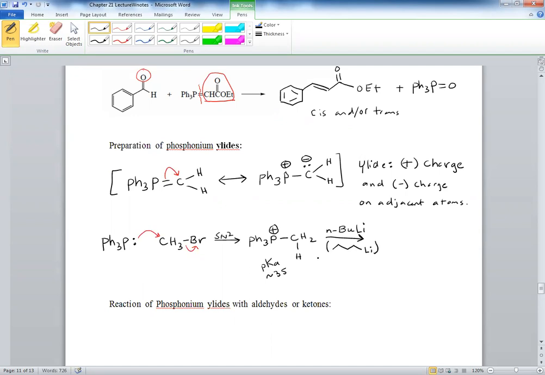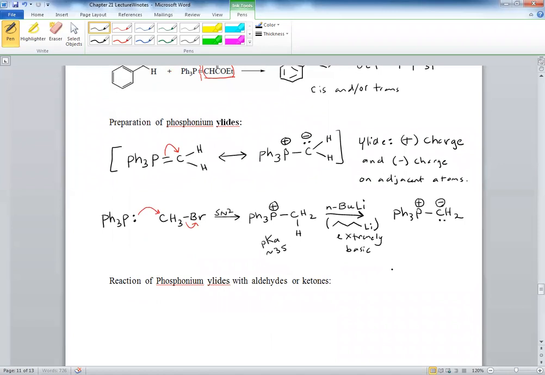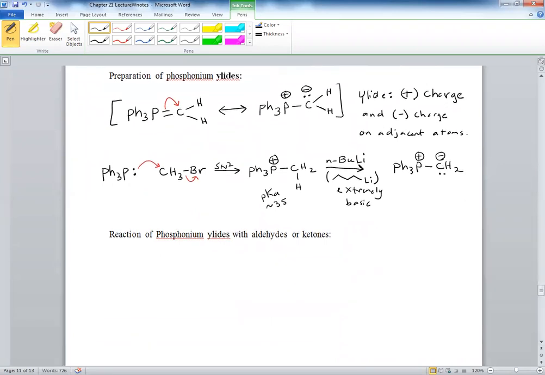So it's an organolithium, extremely basic. This is able to deprotonate that H, therefore producing the ylide. So remember, that's an organolithium. We said organolithium reagents are very basic, very nucleophilic as well.